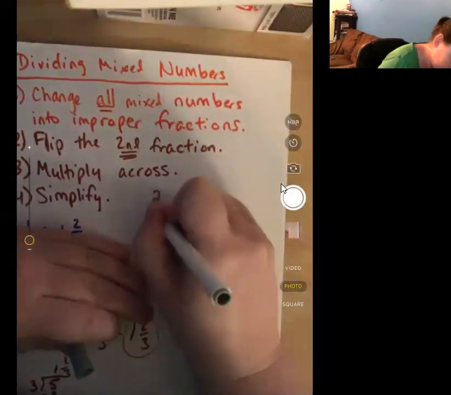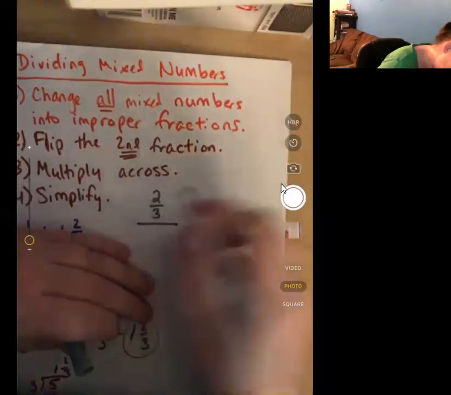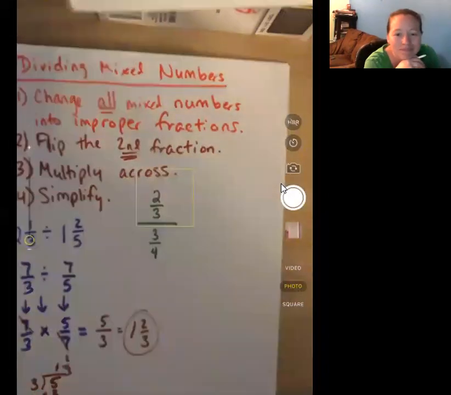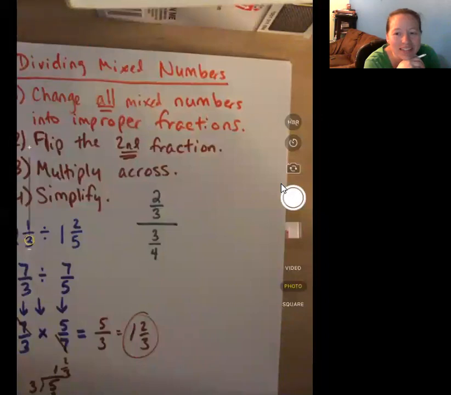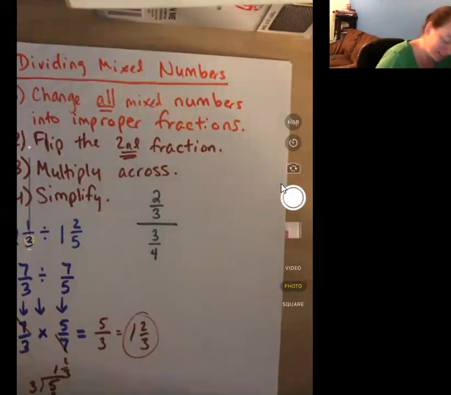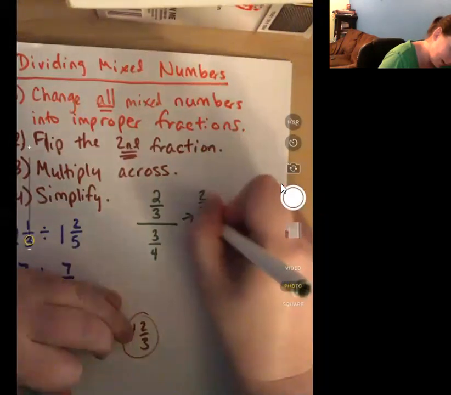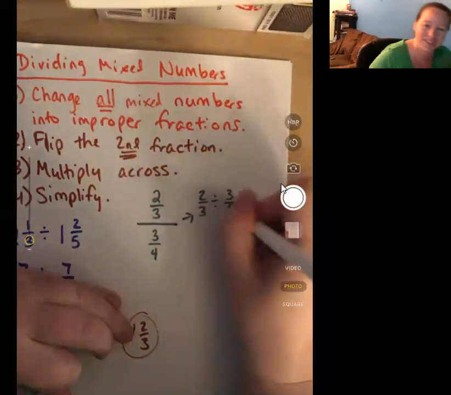2/3 over 3/4. You know what that is? It's a fraction made up of 2 fractions. I know, just to be a pain. The way that we actually write this so that we can solve it is 2/3 divided by 3/4.